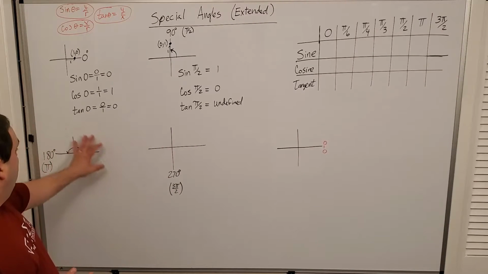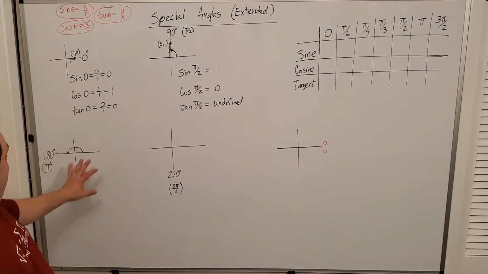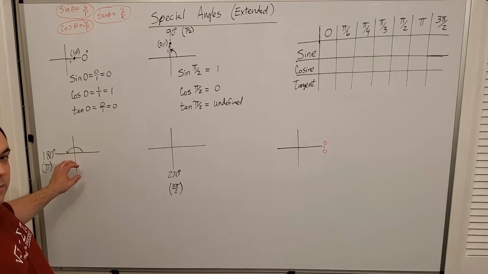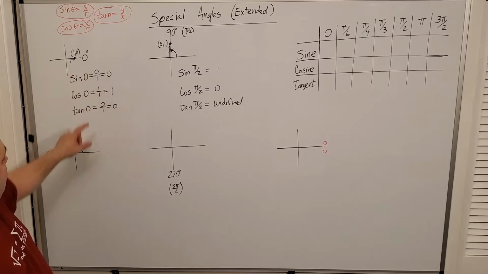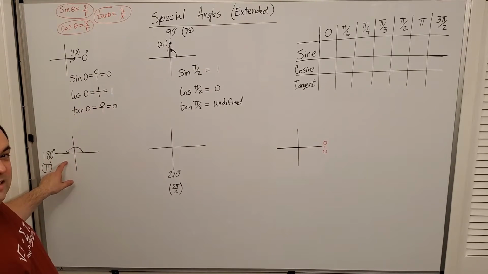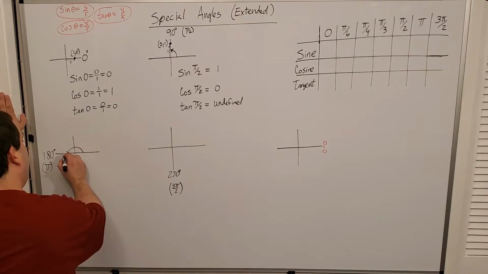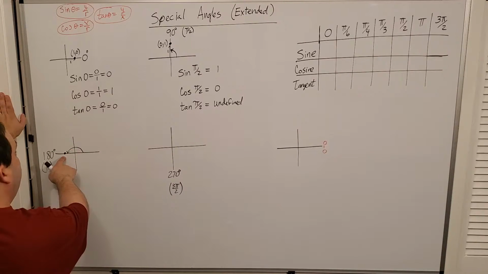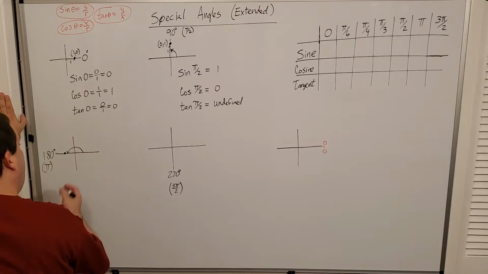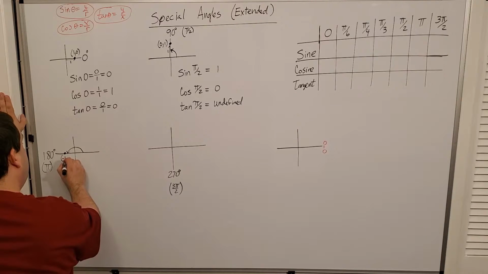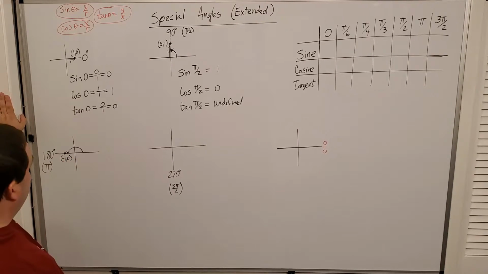Okay, on to 180. You'll notice that for 180 degrees, it's going to be pretty much a repeat of 0. And that's because they're on the same axis. However, one minor difference. When I pick the point on the negative side of the x-axis, I'm going to pick something like negative 1, 0.